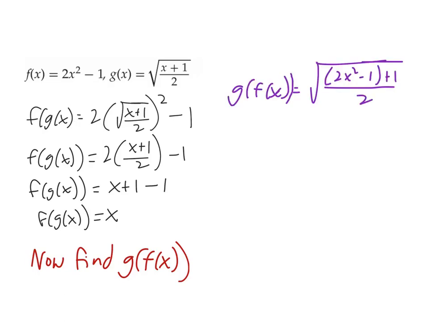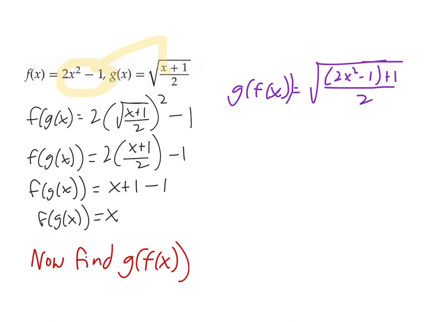So here's the setup for the next one. I substituted 2x squared minus 1 in for that x. So that's what you should have done. You plug f into g.